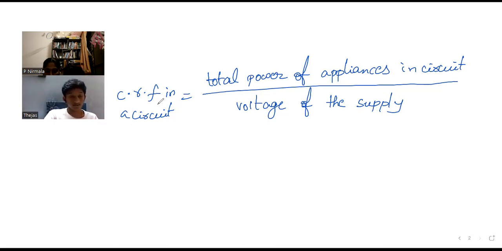So in a single pole switch, only the live wire is connected, so the appliance gets the current from that. When we switch it off, we are disconnecting that. The switch disconnects only the live wire from the appliance. A double pole switch means if we switch it off, we are disconnecting both live and neutral wires.